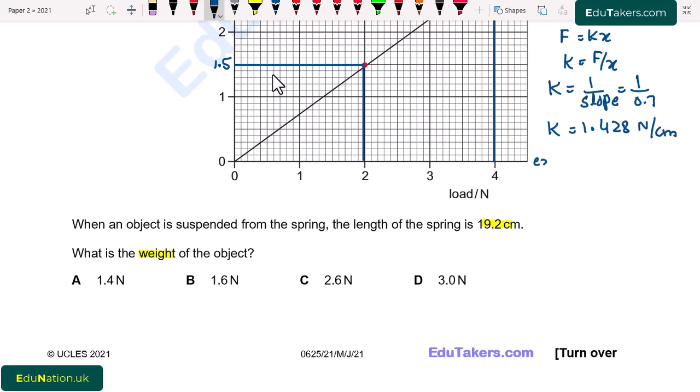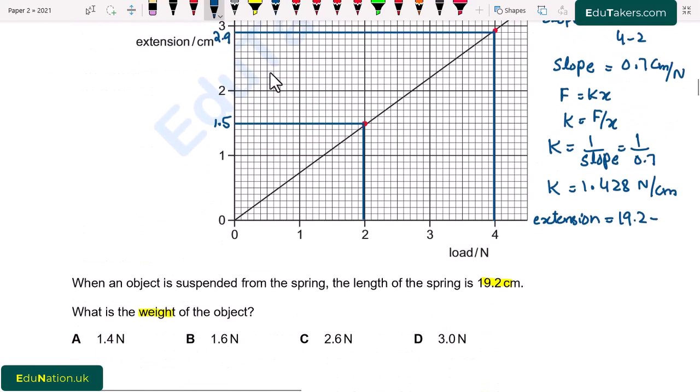So the extension will be equal to extended length, that is 19.2, minus original length, which is 17.0. So extension will be equal to 2.2 centimeter.